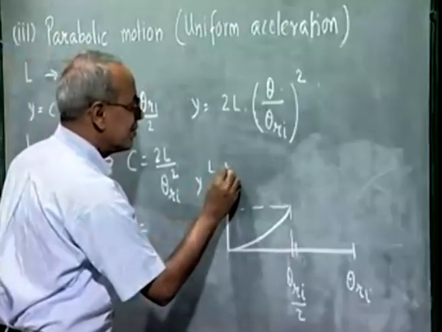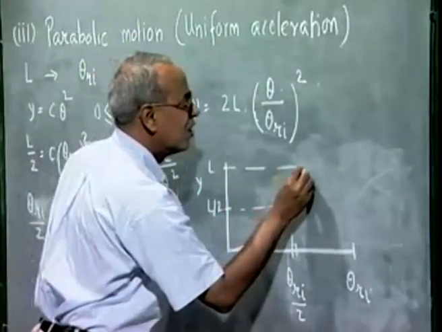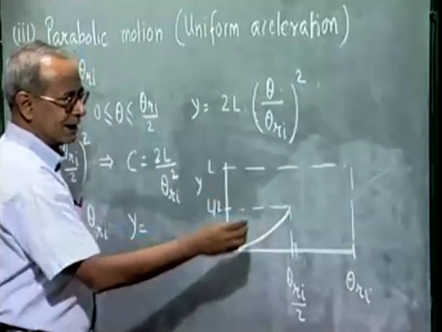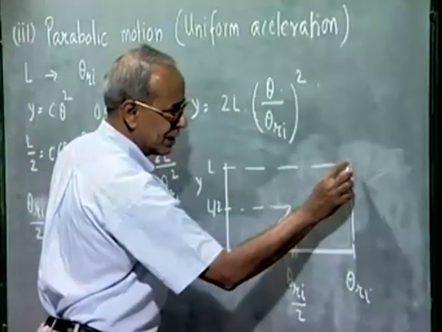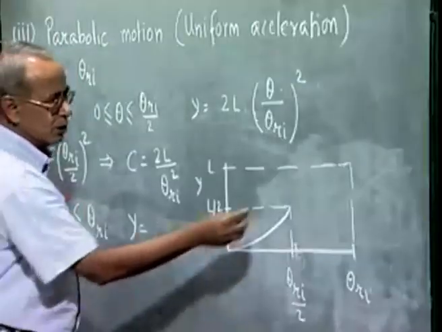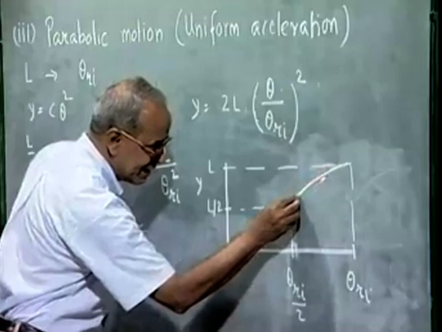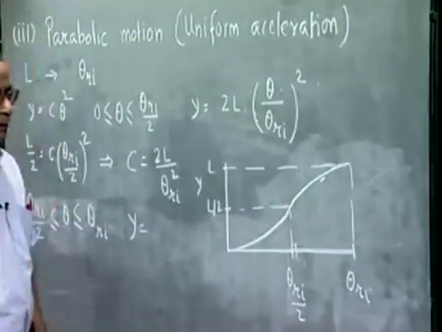For the second half, when it goes with constant deceleration and again gets the velocity 0 here, we draw the parabola from here at the other end, exactly the same parabola up to this point.